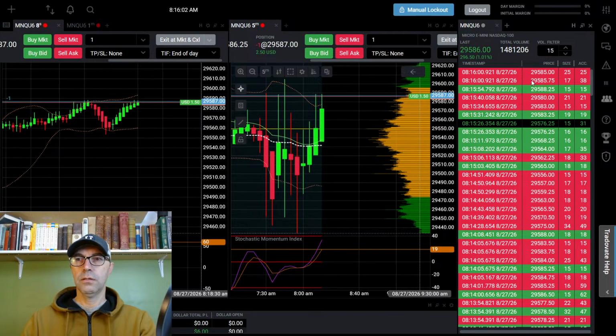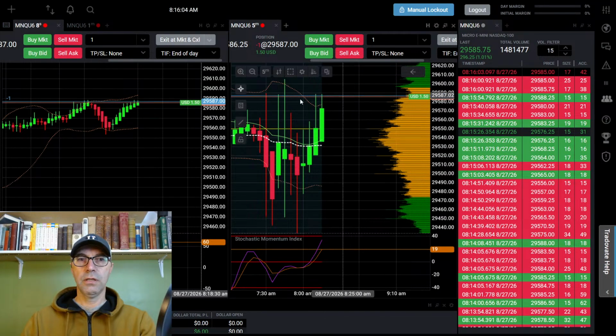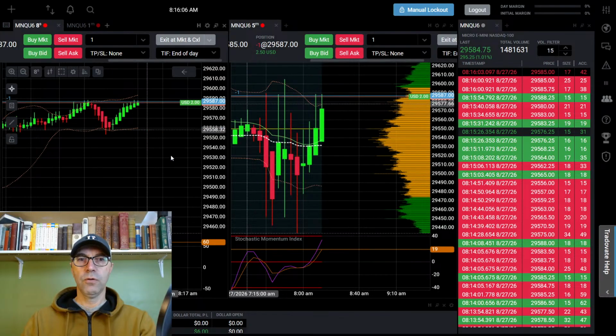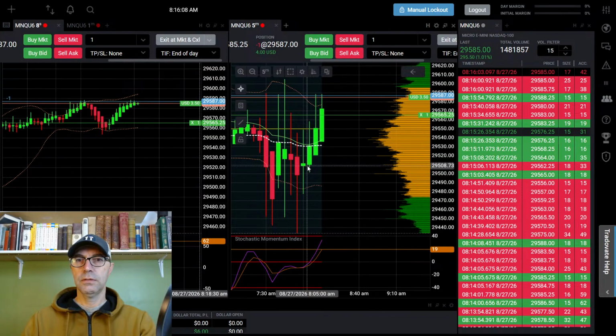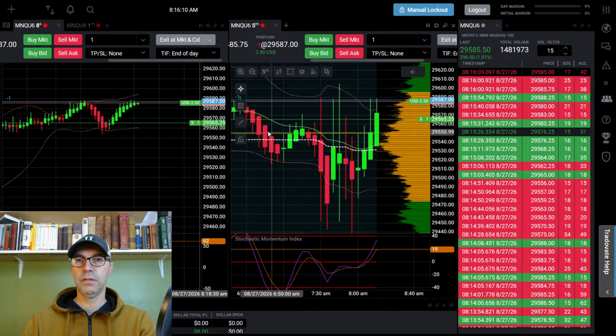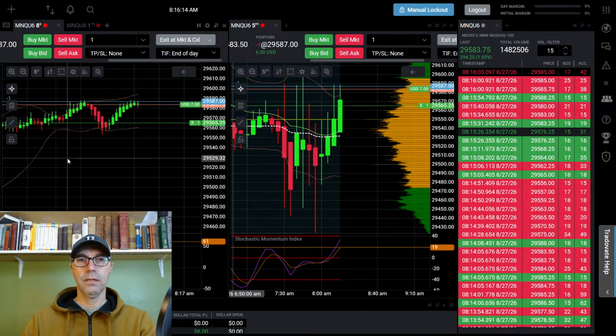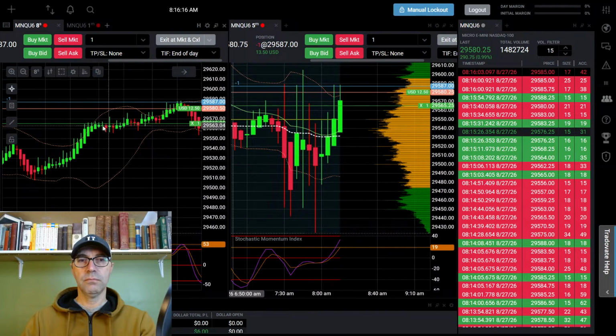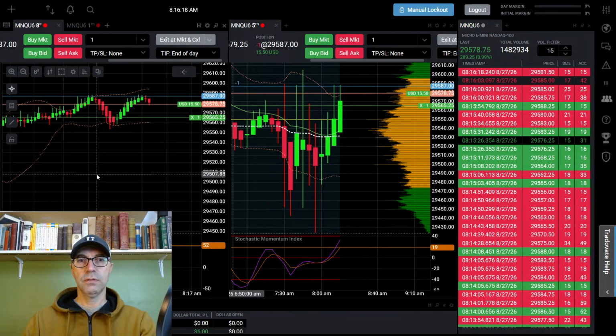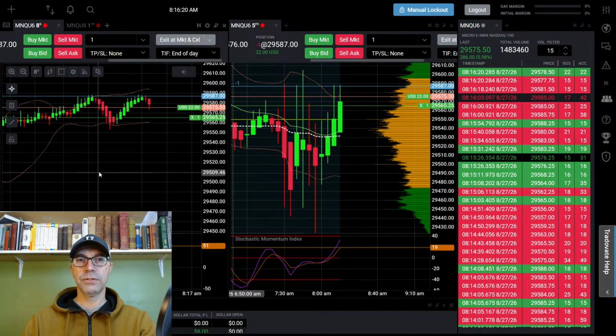All right. Red order's coming in. I'm kind of hoping it'll hold the 5-minute support level right here, you can tell. 1-minute support level. Give me a little scalp.